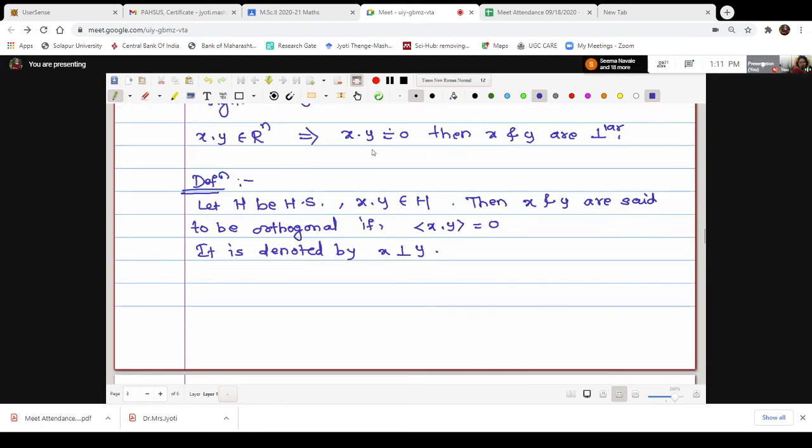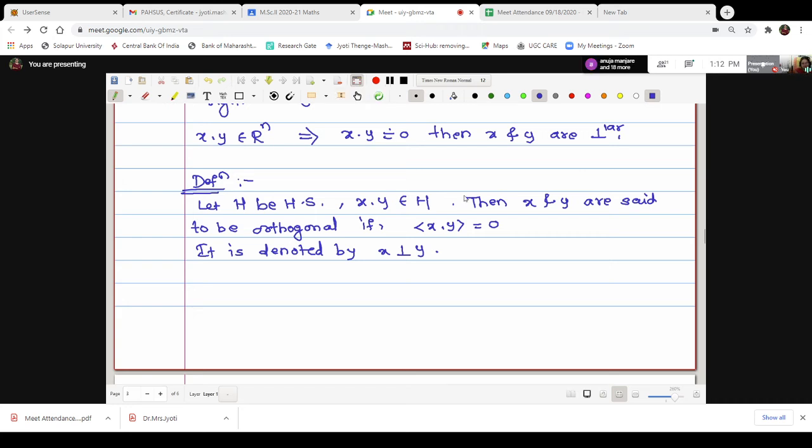Can anyone tell me why dot product 0 gives us perpendicularity of the two vectors? Yes, the cos of 90 is 0. Good.